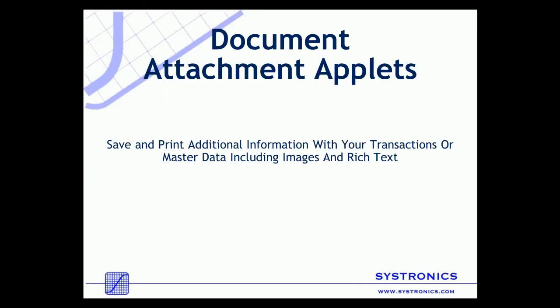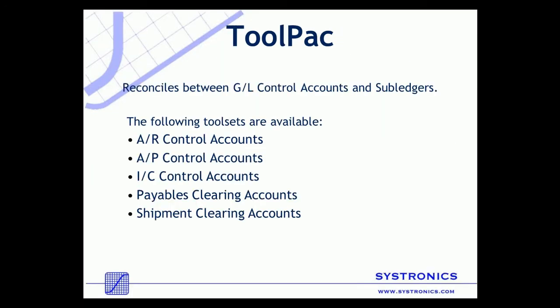Next, I would like to talk about Toolpak. Toolpak is a diagnostic tool which allows you to identify discrepancies between GL and subledgers. Currently, you can reconcile between shipments clearing accounts in OE and GL, payables clearing account in PO and GL, IC control account in IC and GL, AP control account in AP and GL, and AR control accounts in AR and GL, obviously.